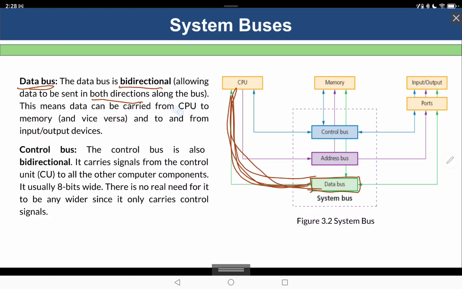Data can be carried from the CPU to the memory and vice versa. Also, data can be carried to and from the input and output devices. Then we have the control bus. The control bus is also bidirectional and is used to carry signals from the control unit to all other computer components. And we can see that it is bidirectional, meaning it can go to and fro.